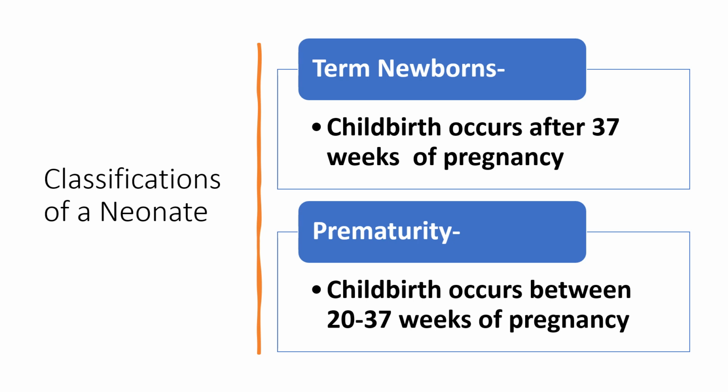As we look through all of this, anything usually below 24 is a real low limit, unless they're at the highest quality NICUs, and even then, most of the time there's not a whole lot they can do. Even keeping the baby in utero for an extra week can increase its survivability substantially.